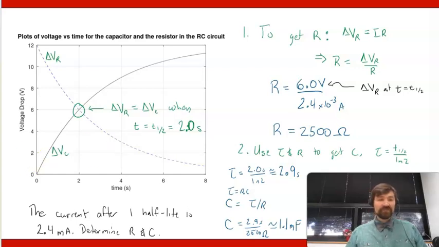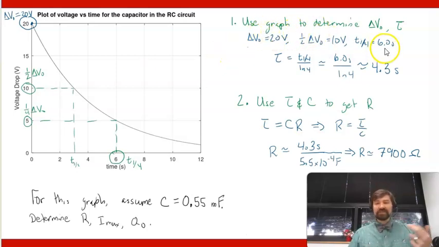It's just different variations of the same basic process that I've outlined, using the graph to get a tau and maybe a V naught, using tau and either R or C to get whichever one is unknown, using R to get current or using current to get R, using C to get charge or charge to get back to C, depending on what you've been given or not given. And of course you can figure out power from P equals I squared R, or energy stored from U is 1/2 C delta V squared, etc.